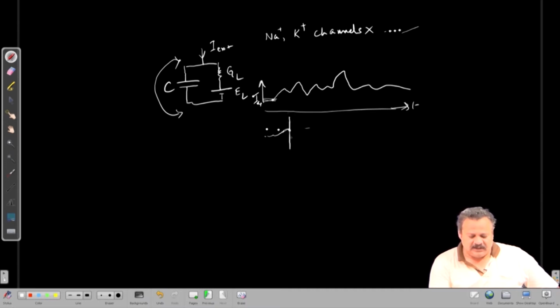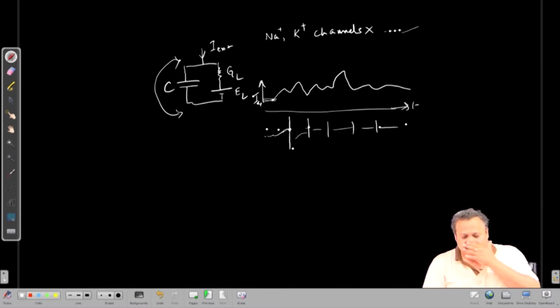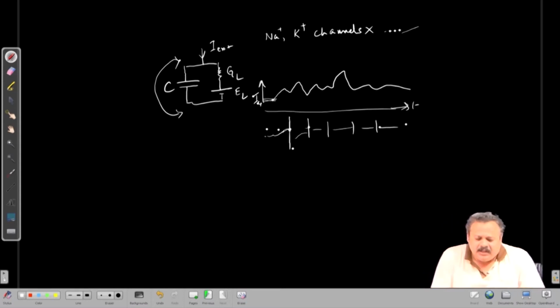We assign an action potential once it reaches threshold, and we reset the voltage below, so we get an action potential whenever there is a threshold crossing.